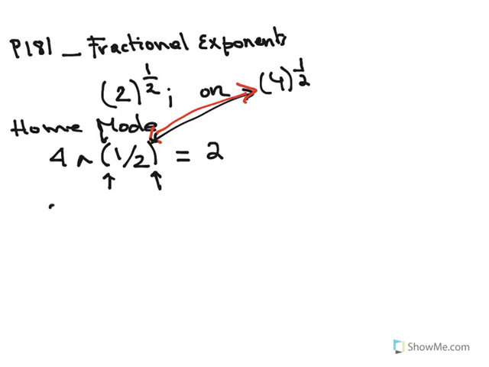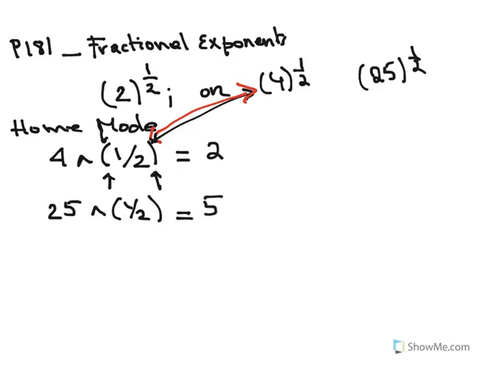Now if you do 25 to the 1/2, you will get a 5. So why don't you try this in your calculator and see what you get. We can see that this number right here is the square root of 4, and this number right here is the square root of 25.